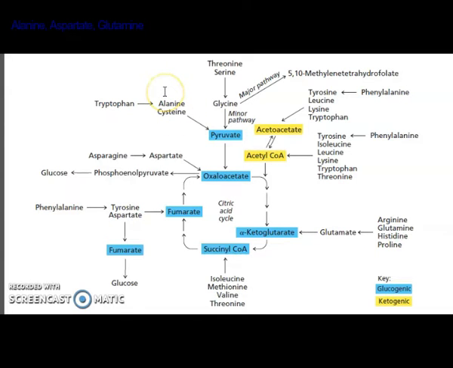Alanine gives rise to pyruvate, aspartate to oxaloacetate, and glutamate to alpha-ketoglutarate by reversal of the original transamination reaction. All 3 amino acids are glucogenic, since aspartate and glutamate are converted to citric acid cycle intermediates and alanine is converted to pyruvate.